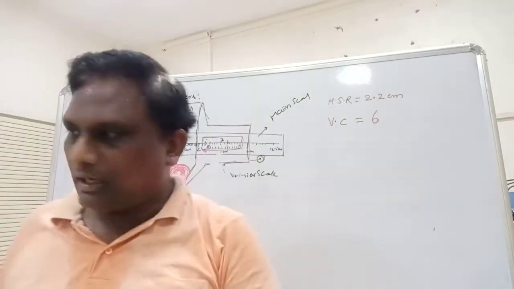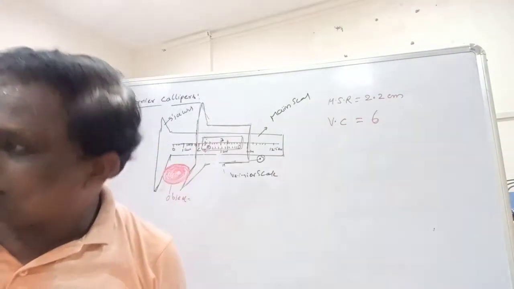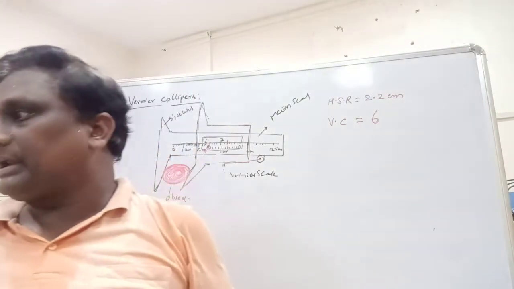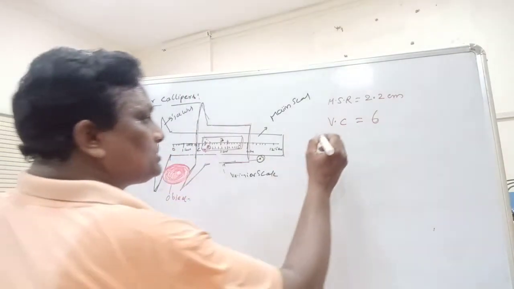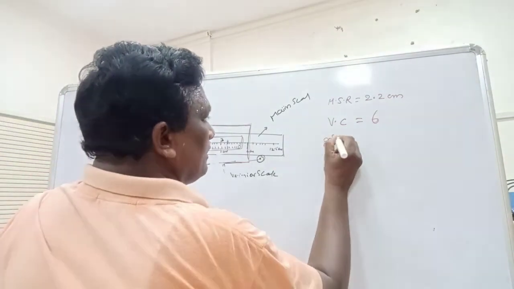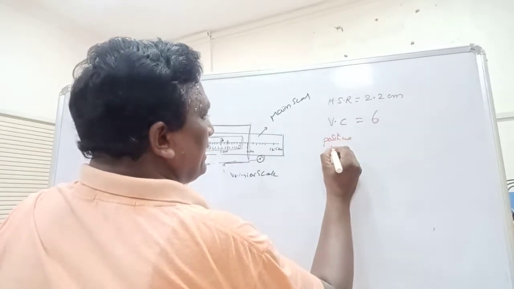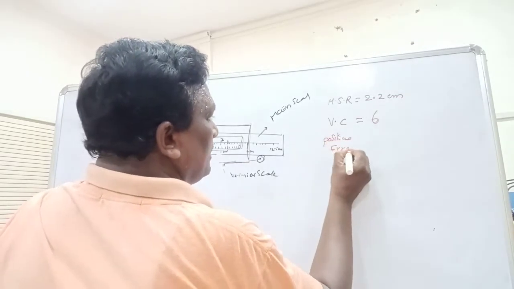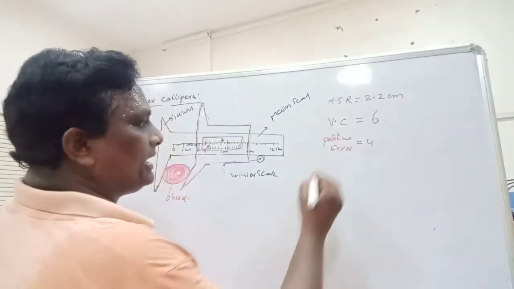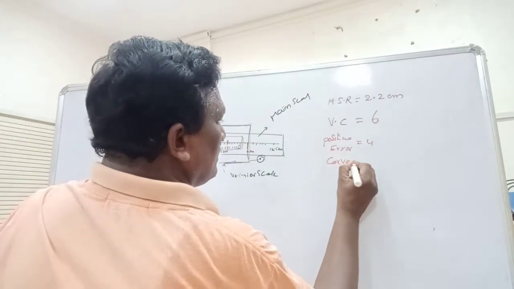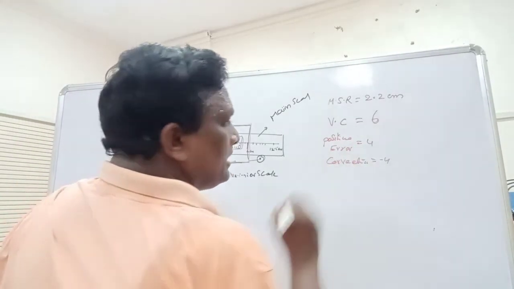Okay, right. Now error. Suppose it is a positive error. For example, positive error is equal to 4. Correction is, what is correction? Correction is negative.